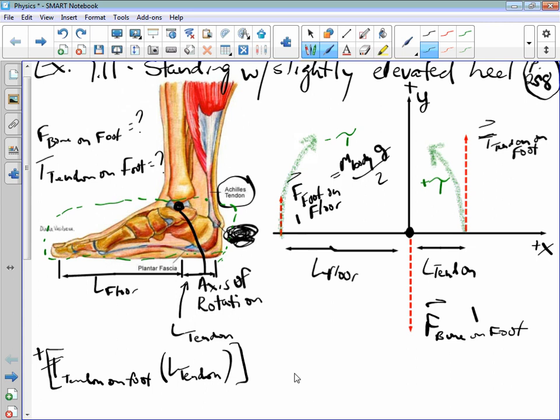So we've got the force of the floor on the foot times the length along the floor from here to here. We're saying that this is going to cause a negative torque, so we're going to make that a negative term. All that stuff has to be equal to 0.